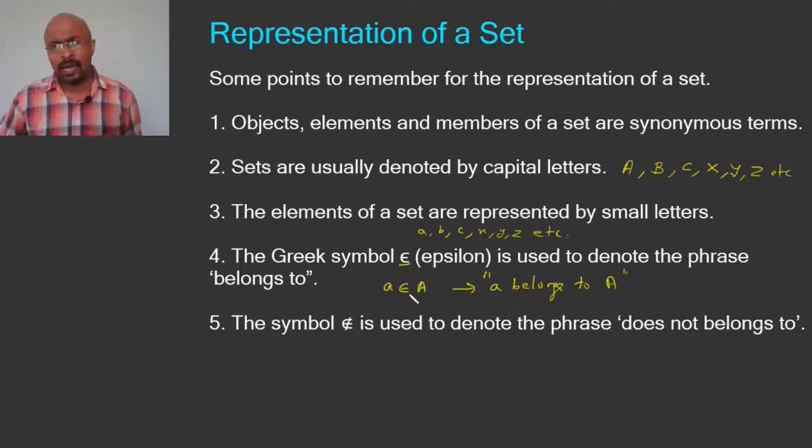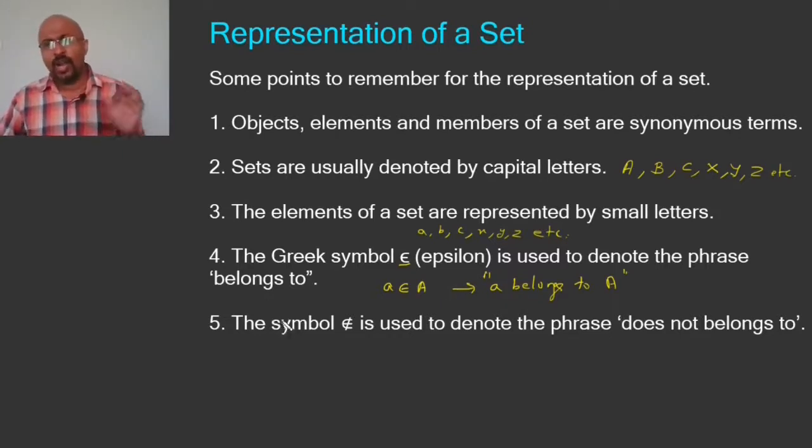It means that small a, an element, belongs to the set capital A. In other words, a is an element, an object, or a member in the set capital A.